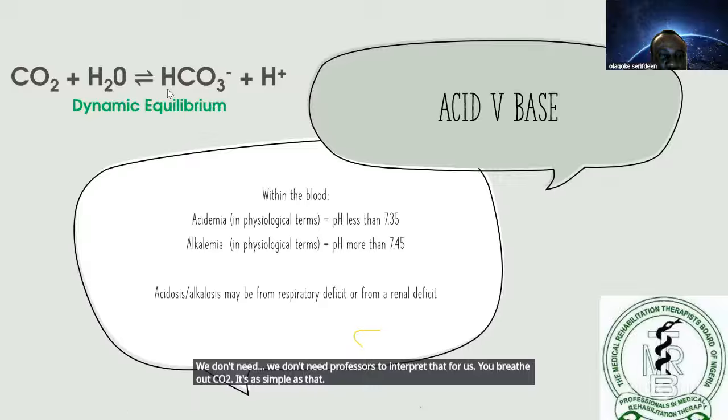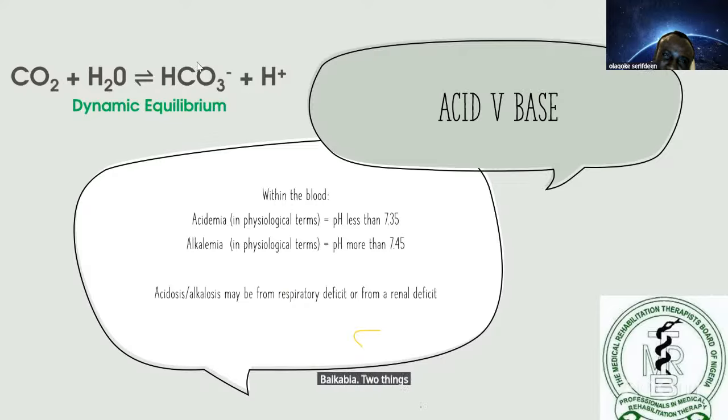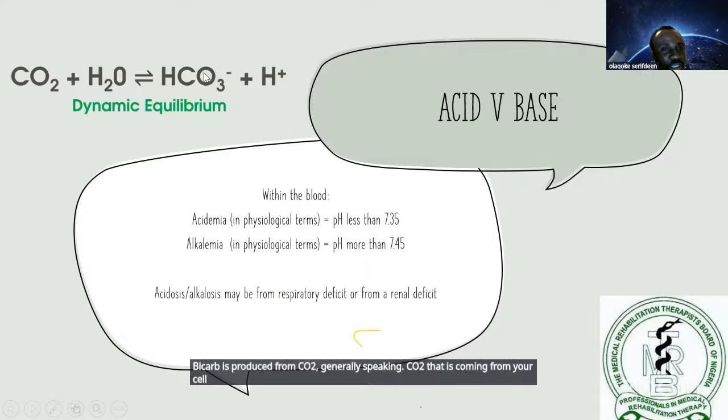Bicarb here. Two things to remember about bicarb. Generally speaking, bicarb is produced from CO2, the CO2 that is coming from your cell. Remember that equation. And this bicarb can also return back, as I mentioned in the previous slide. When they return back to the plasma, they also float.